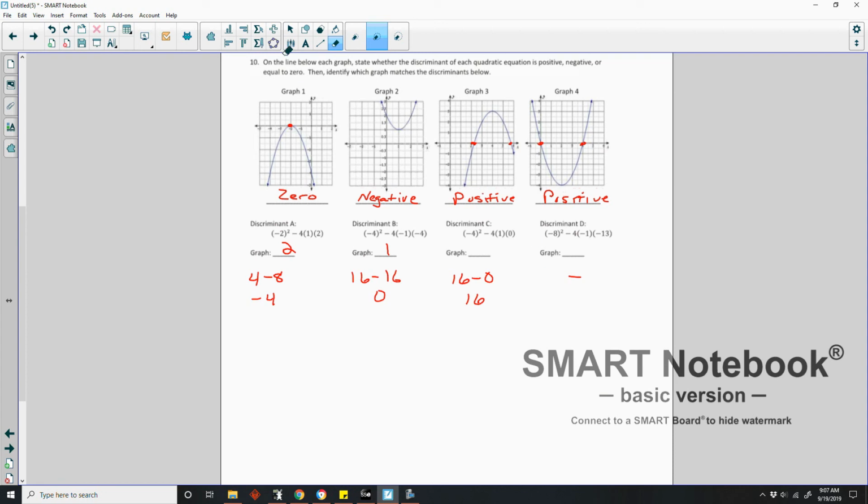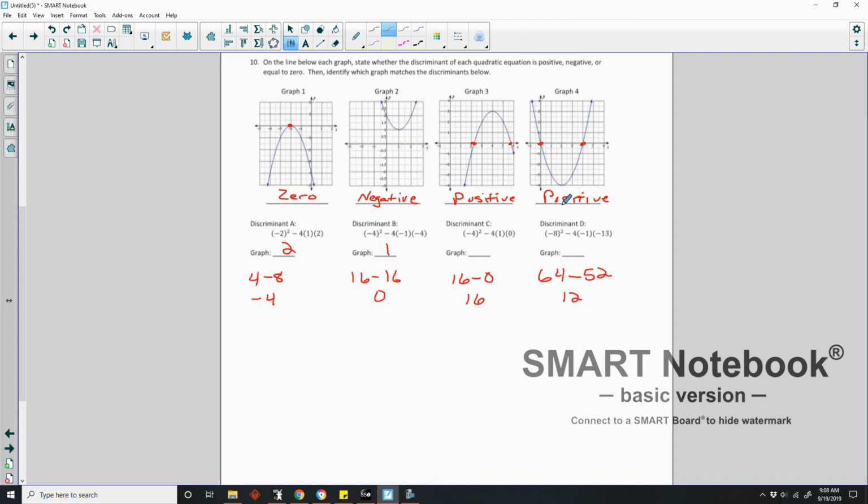Negative 8 squared, I'd multiply by 2, yikes. 64 minus 4 times 1 is 4, times 13. 4 times 13 is 52. 64 minus 52 is 12. I had caught my error because I saw that this was going to be negative if this was only 16, and I know we already had the negative over here. So these two are positive, but which one is this?